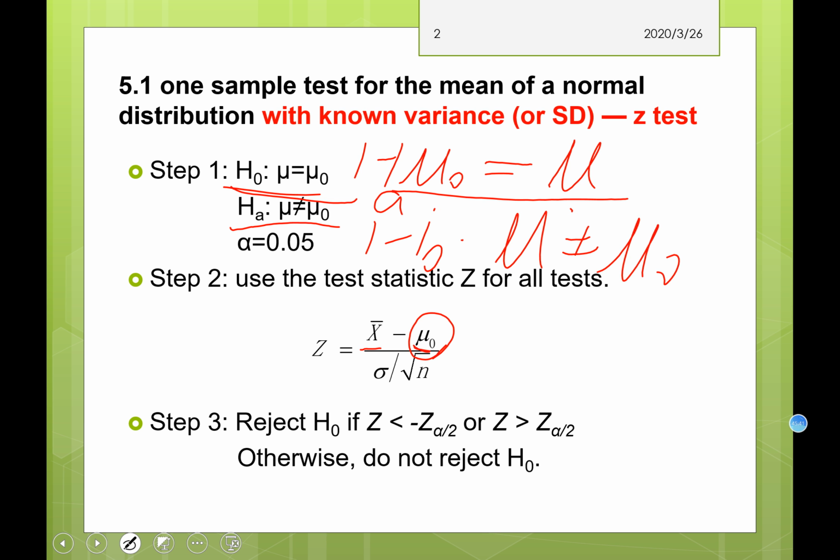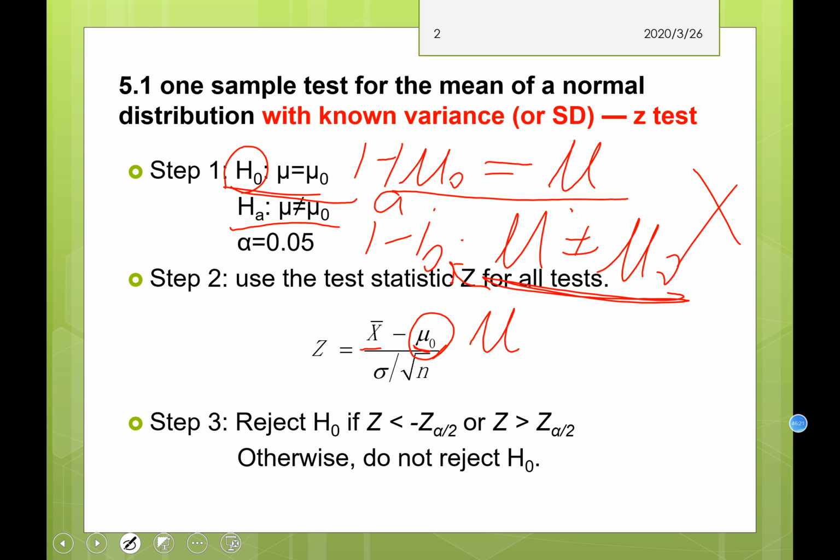Actually, we can't. It's not correct, because please notice that the result of a hypothesis testing must be based on the H0. That means we suppose H0 is true, and then we do the calculation. So if we use not the same as the null hypothesis, then we cannot know the number of mu.